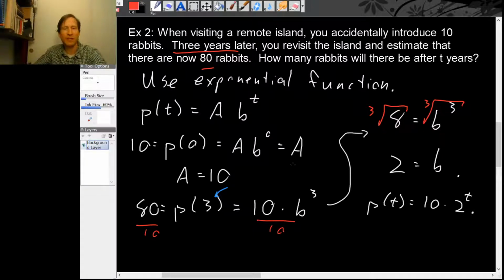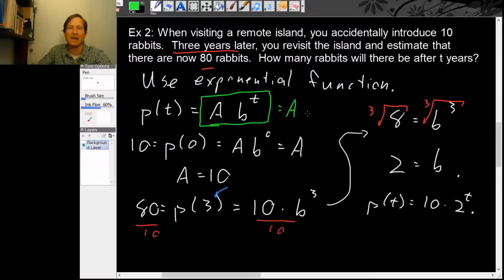So far we've written all our exponential functions in this form as a times b to the t. But there's another way you can write any exponential function, and that is in the form a times e to the rt. So you always have a choice.